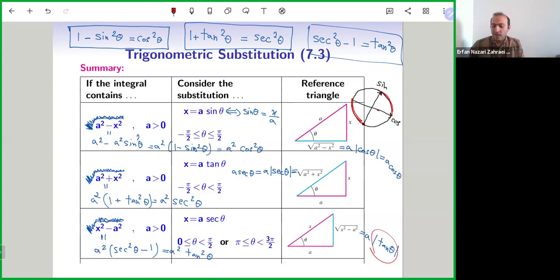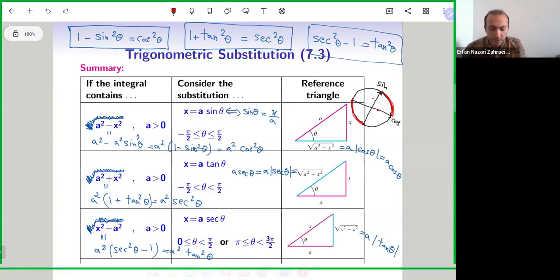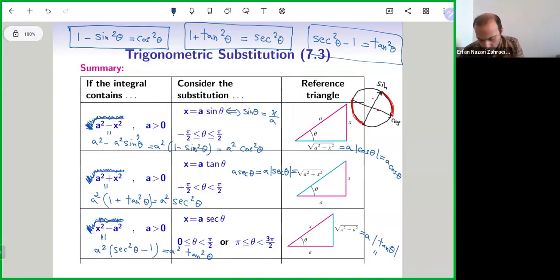But I have the absolute value of tangent. Tangent is positive in quadrants 1 and 3, and negative in quadrants 2 and 4. So in these parts, tangent is positive, no matter whether you are in quadrant 1 or quadrant 3. So I don't need the absolute value, and I can write this as a tangent theta.